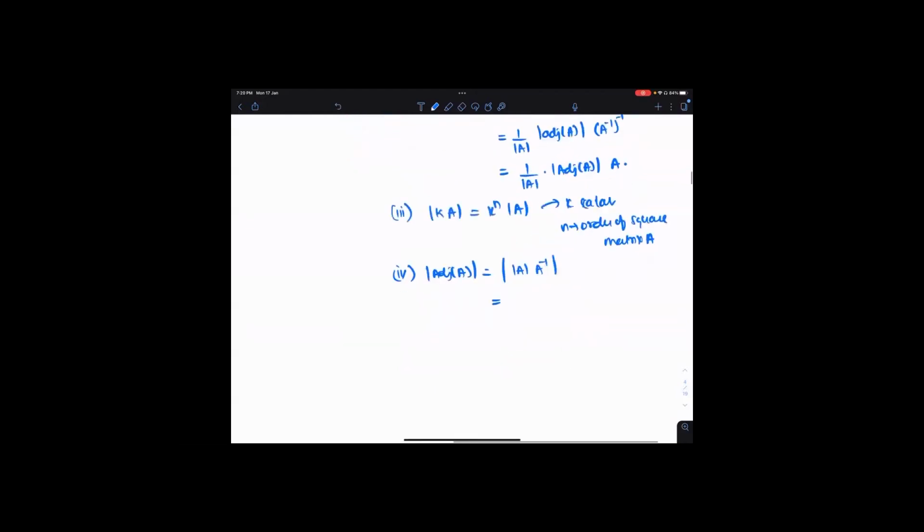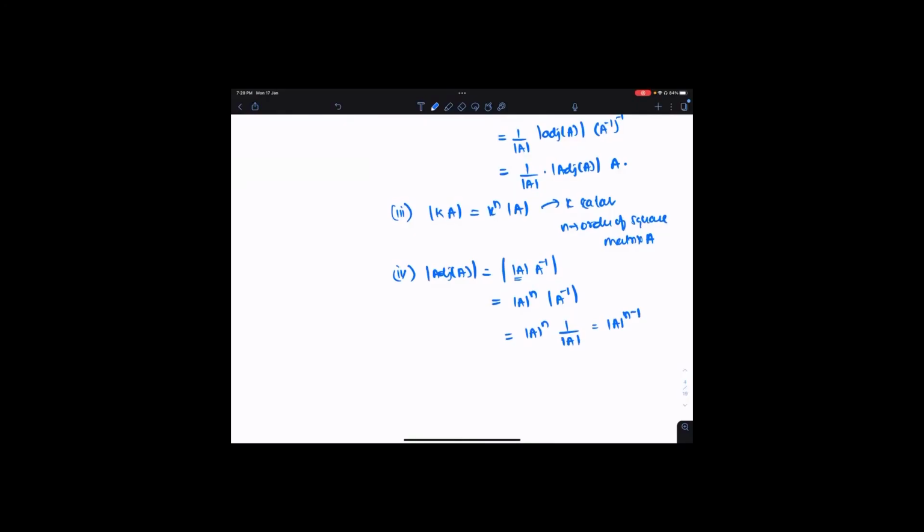Det A is a scalar, take it outside: det A power n into det of A inverse, which is 1 by det A. So we get det A power n minus 1. Det of adjoint matrix is det A power n minus 1, where n is the order.